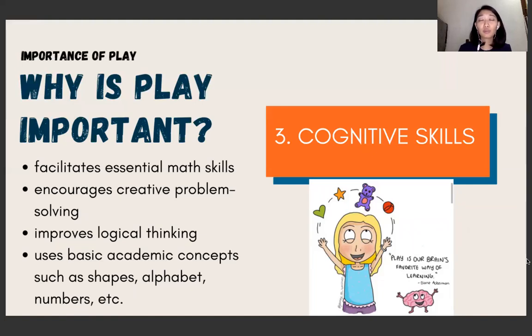It also improves logical thinking as he makes sense of his problems. Play also uses basic academic concepts such as shapes, alphabet, numbers, which are all equally essential for academic skills.